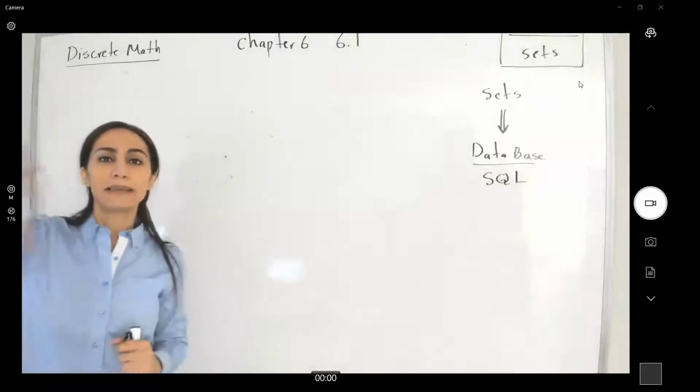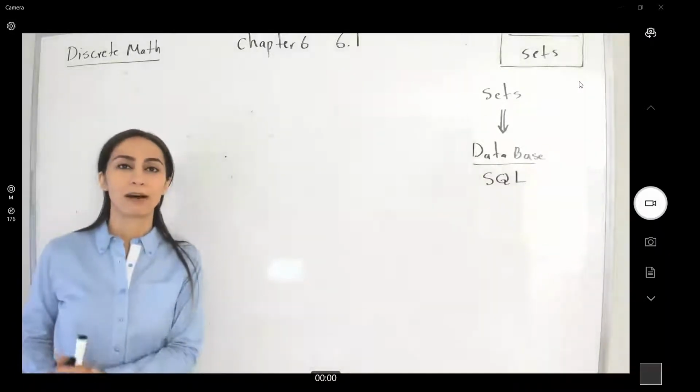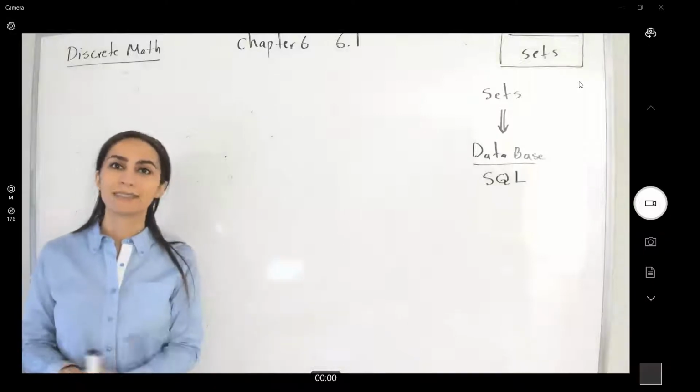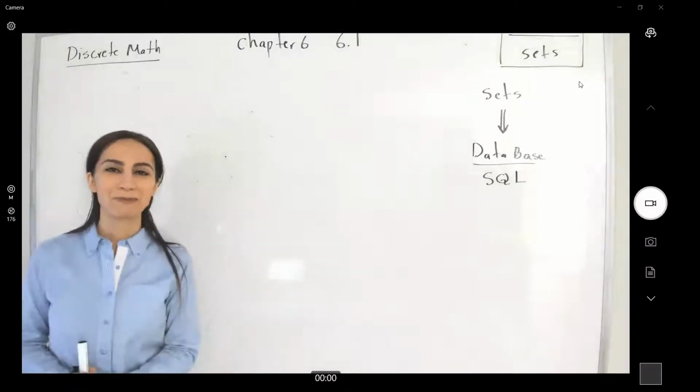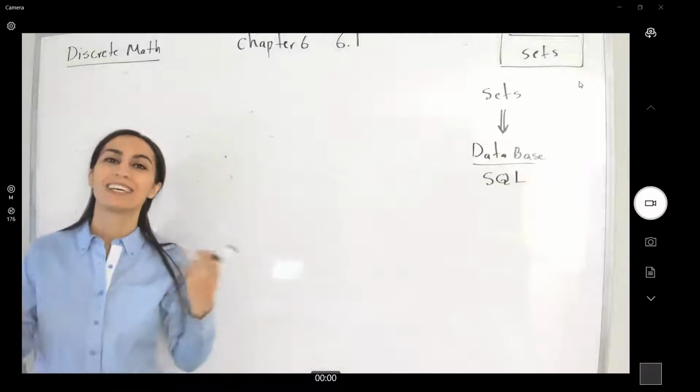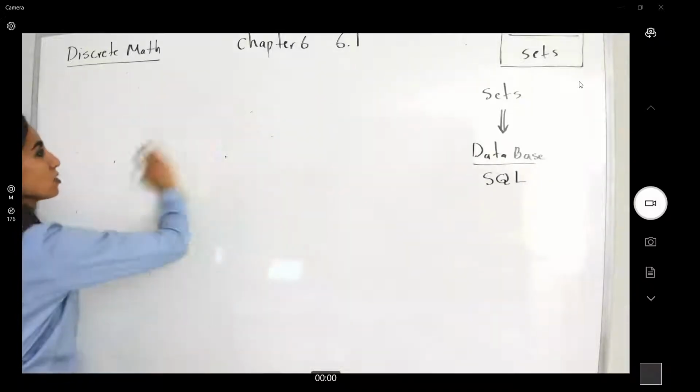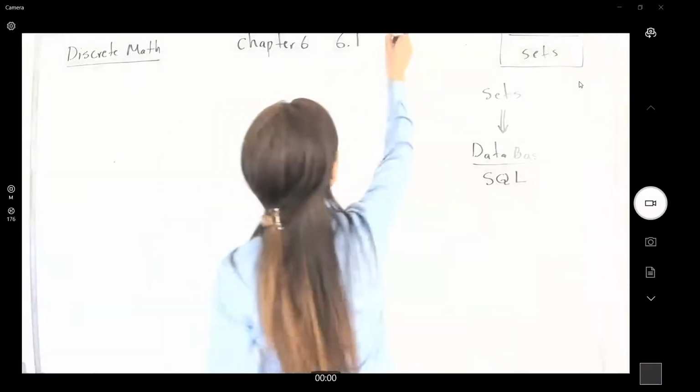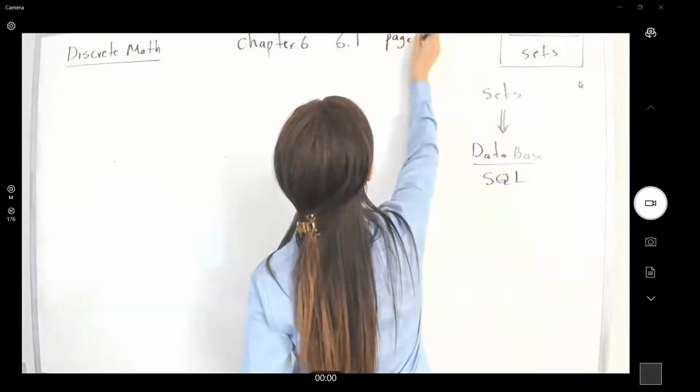Remember, at the beginning of the course, we started talking about some basic elements in discrete math. One of them was set. So, 6.1, page 1.